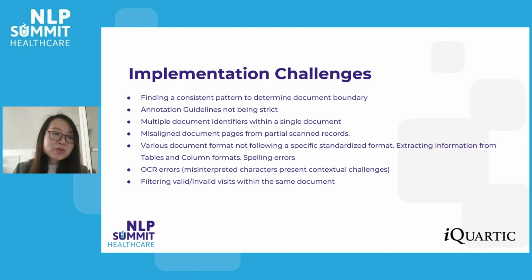During the process, you can see we ran into a lot of challenges. For example, the documents are not very consistent, so it's hard for us to find a consistent pattern to determine the boundary. We have multiple different types of files, and the annotation guidelines are not strict. For example, we have multiple document identifiers within a single document, not only one per document.